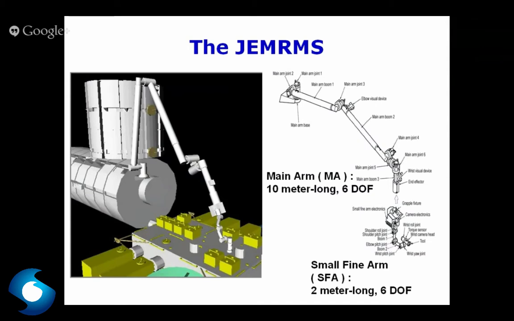Japan also has a quite similar system in the Japanese pressurized module called JEMRMS. Here we have a very interesting design: a 6-joint long reach 10-meter manipulator arm, and at the end another 2-meter 6-joint manipulator arm for dexterous tasks.